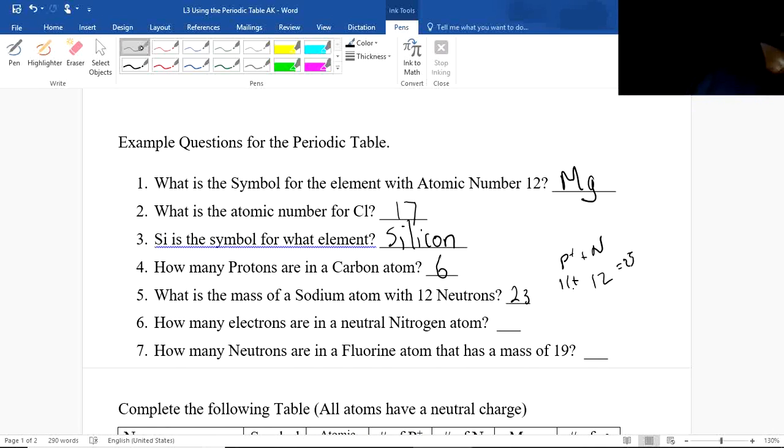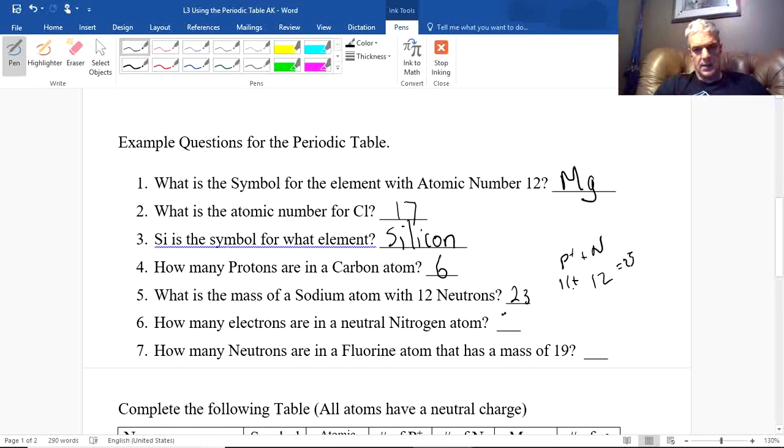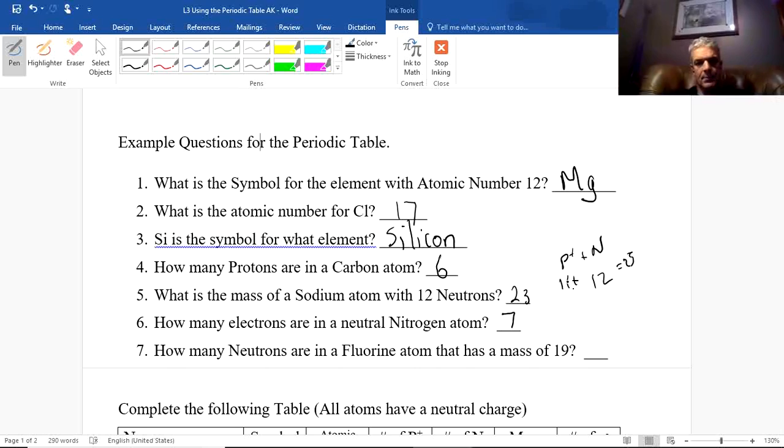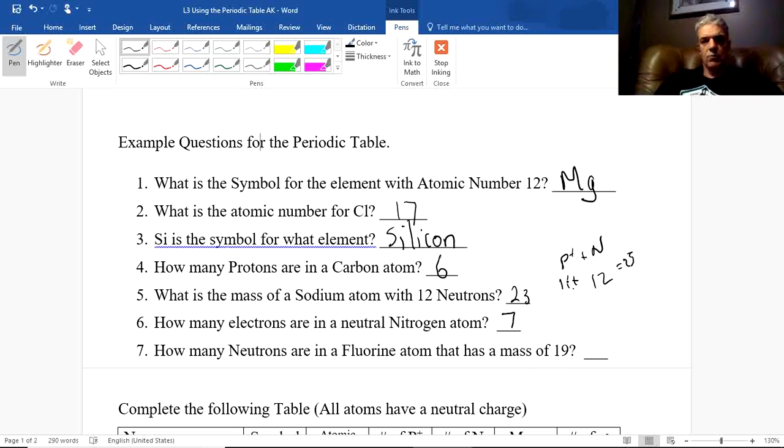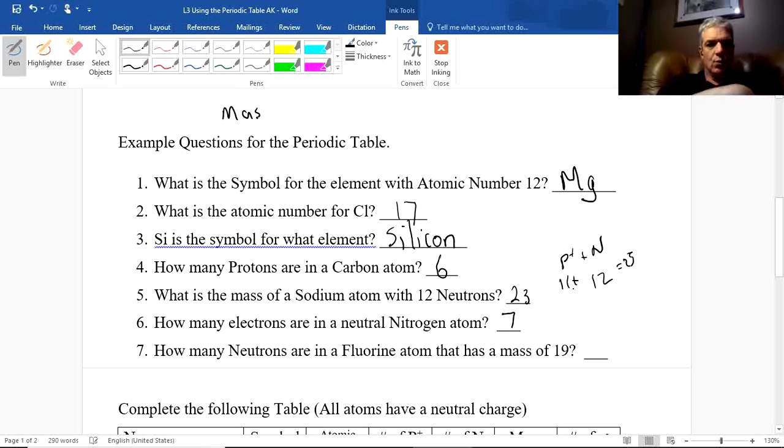Turn my pen on first, and there it goes. And then, how many neutrons are in a fluorine atom that has a mass of 19? Oh my goodness. Well, remember, I'm just going to write up here. Remember that mass equals the number of protons plus the number of neutrons, right?